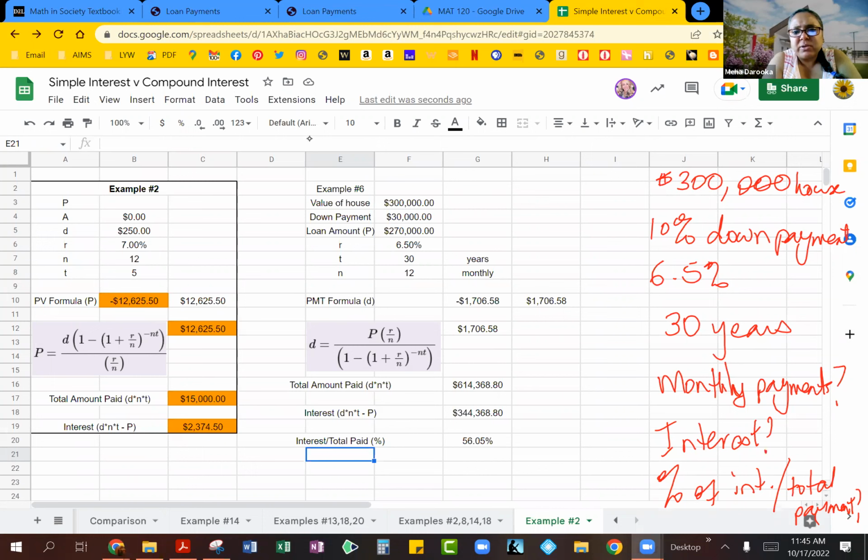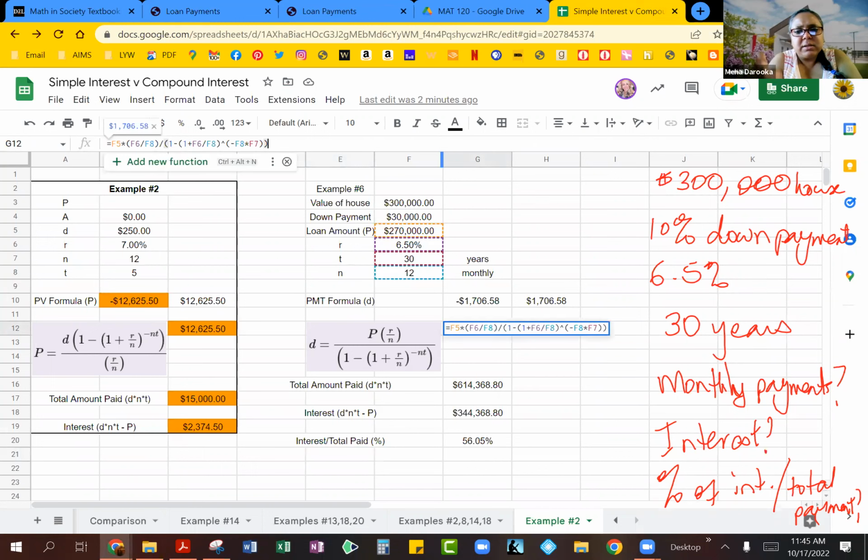Yeah, so this is going to look like this over here. So you start by taking your principal, because it's the payment you're finding, right? It's the D value you're trying to find. So you're actually taking your P value. Terry, just give me 1 second, okay? So after you do the equal sign, you take your P value, which is that 270, you multiply it by R divided by N. So that's how you're typing in your numerator.